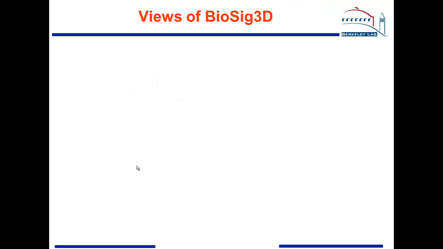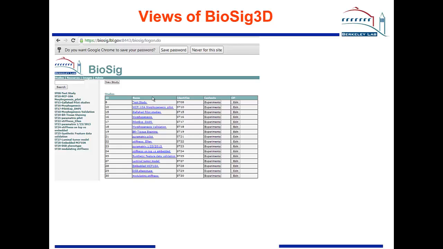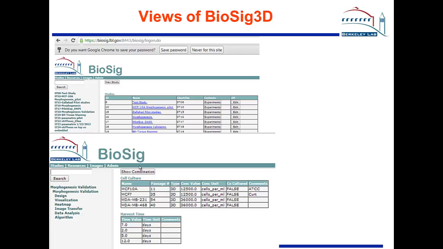With that, let me give you several views of the BioSig3D. When the user logs in, he observes a number of studies. For each study, there could be a number of experiments. One such experiment is shown over here that consists of 2 experimental variables, cell lines and harvest time. So collectively, there are 16 distinct experimental variables.